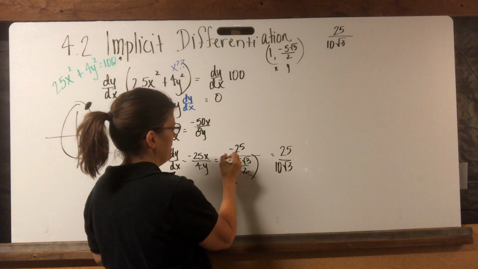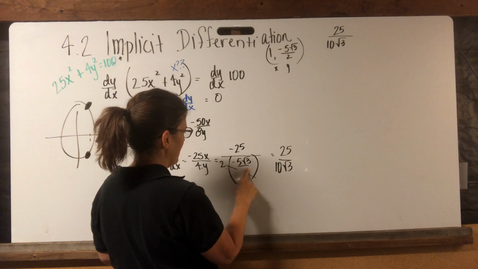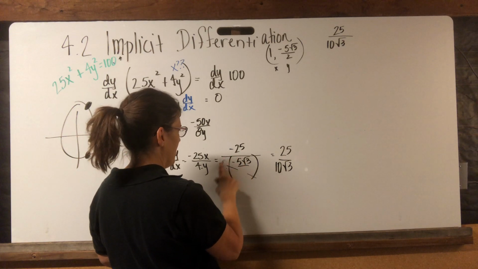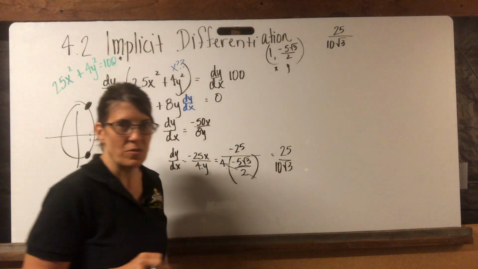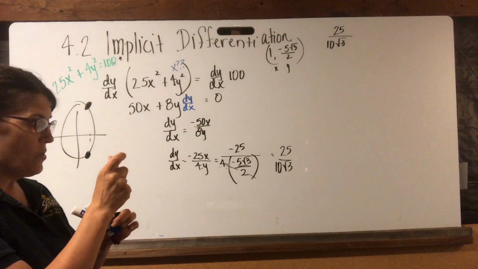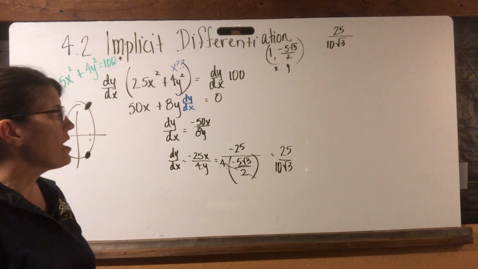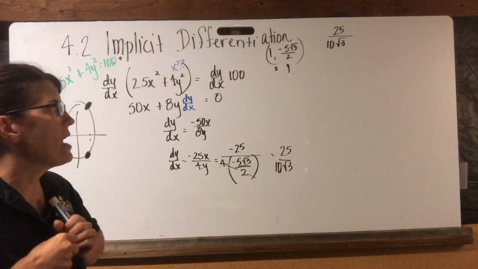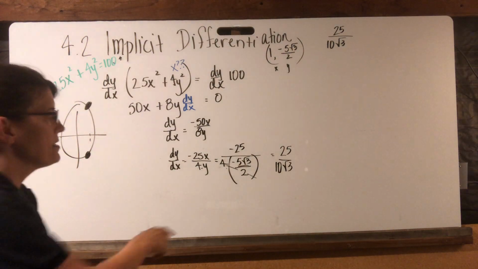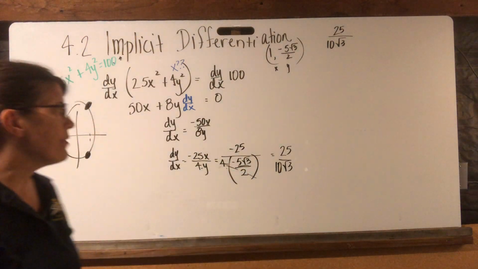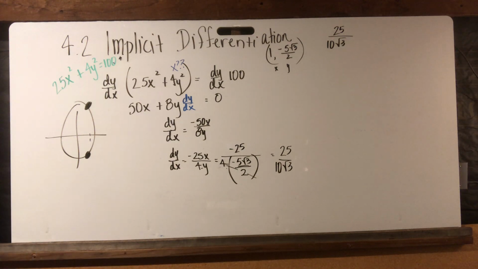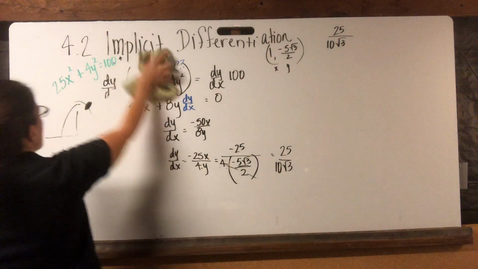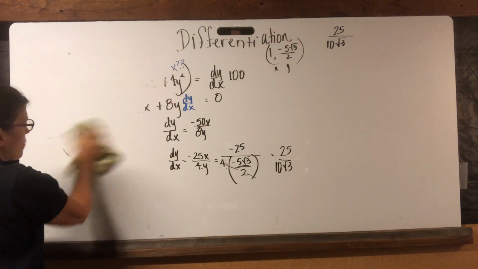I was like, wait a minute, it doesn't work. It has to work. This is a 4. This is a 2. And now you do indeed get the same answer. So the slope of the tangent line at the point 1, negative 5 root 3 over 2 is 25 over 10 root 3. Okay, so we're going to look at a lot more of these.